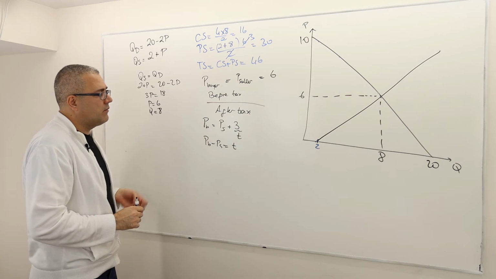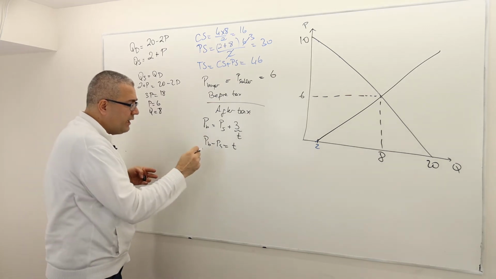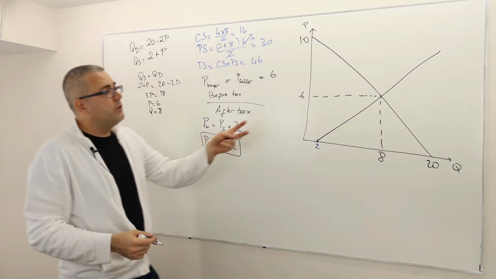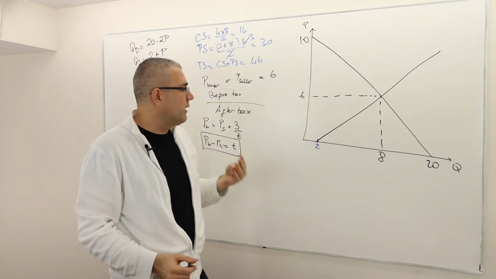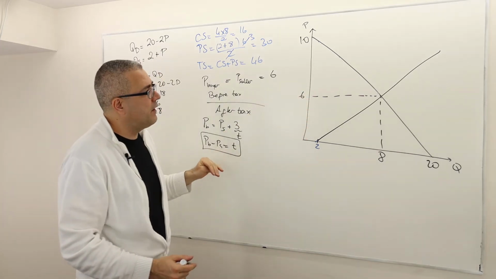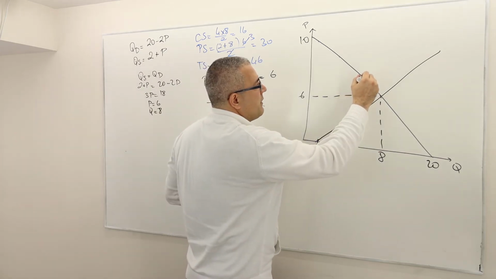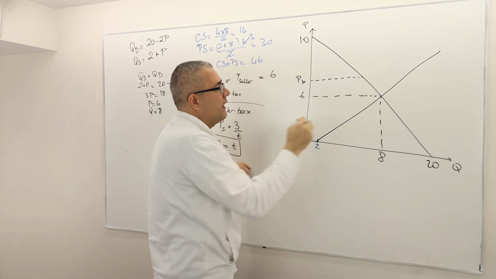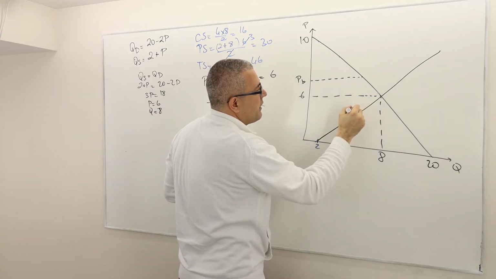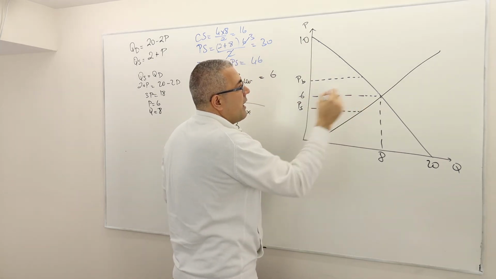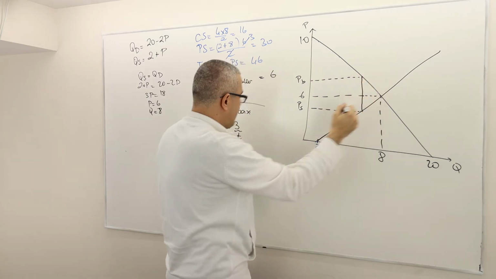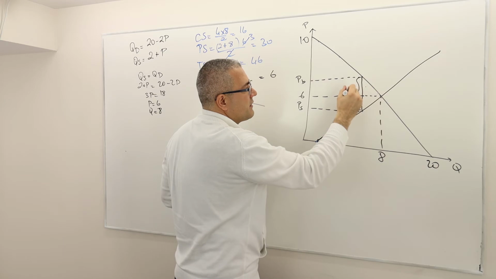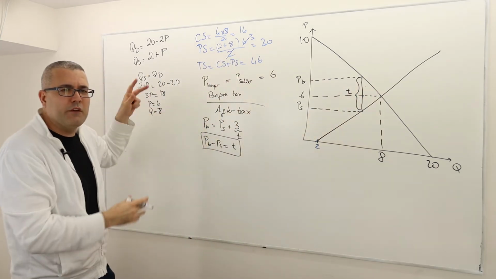So what am I going to do with this? I need to find this PB and PS. If you go back to this graph, what does that mean? The buyer's price is going to be somewhere here, because it's higher, and the seller's price is going to be somewhere here. The difference between these two is the tax amount. The size is T. Remember my previous graph?